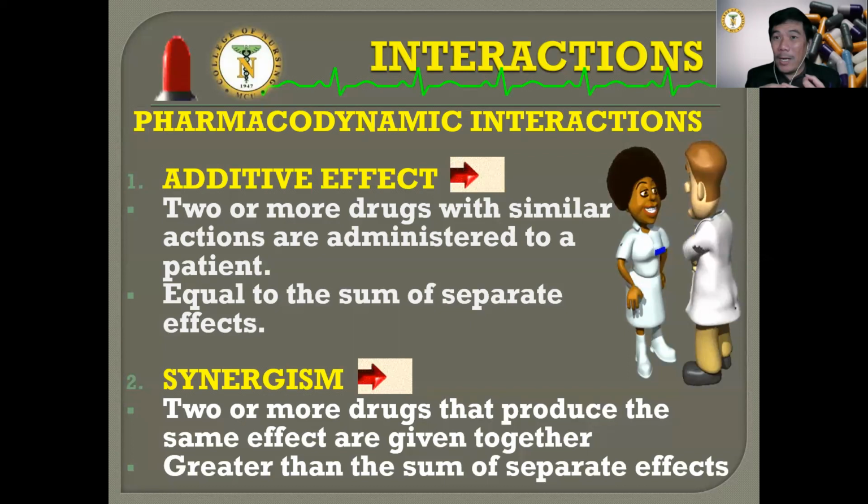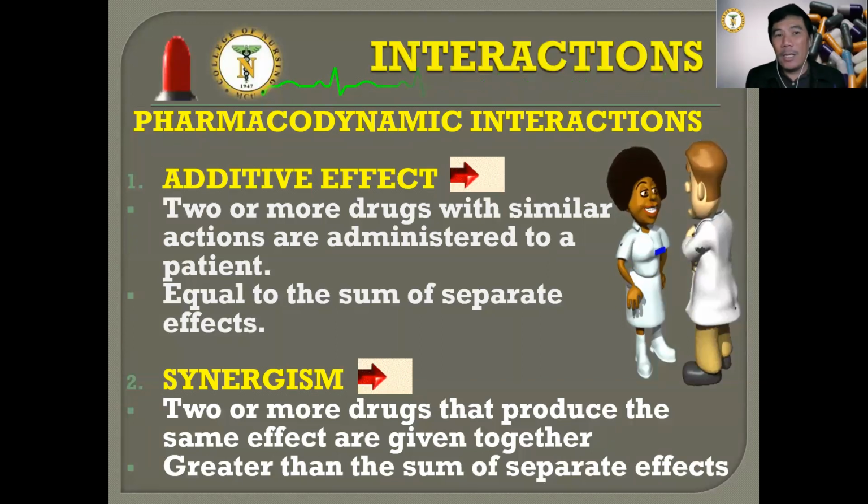So pero similar actions. Ano yung may similar actions doon? Yung phenylephrine at saka yung chlorpheniramine maleate may have similar actions to prevent the histamine 1 activity. Pero common yung reactions niya. Pero pag pinagsama mo, it is still equal with the sum of separate effects.